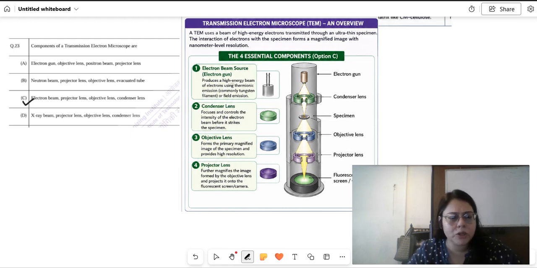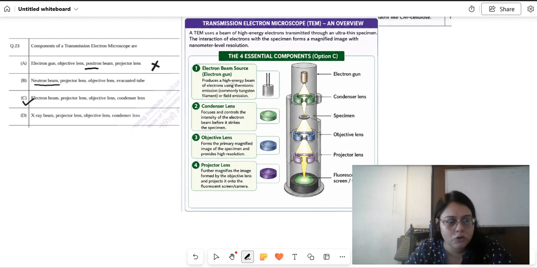But in the other options, the positron beam is not for TEM. There is another technique known as positron emission tomography, PET, and the positron beam is for that. Then the neutron beam is used for neutron microscopy, and the X-ray beam is used for X-ray microscopy.